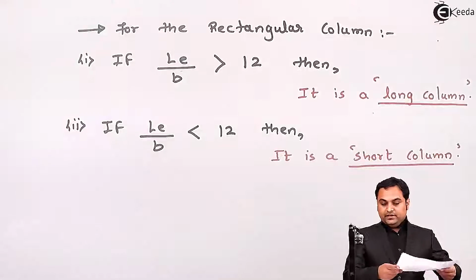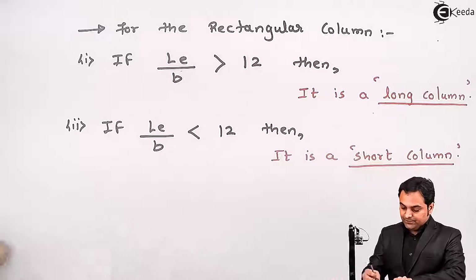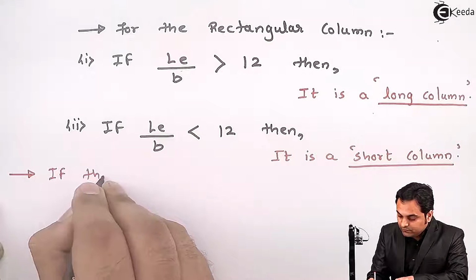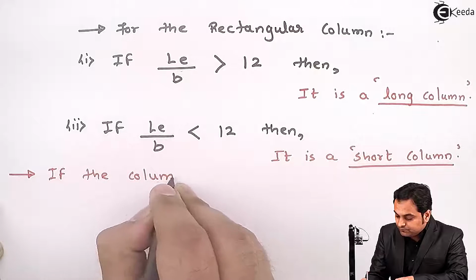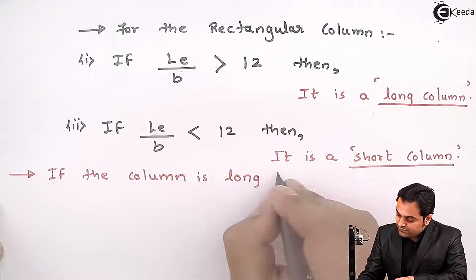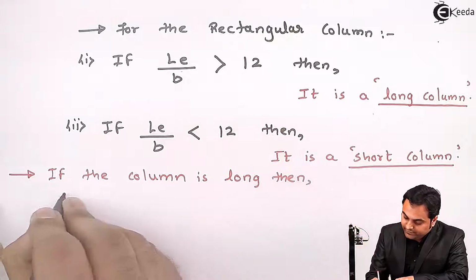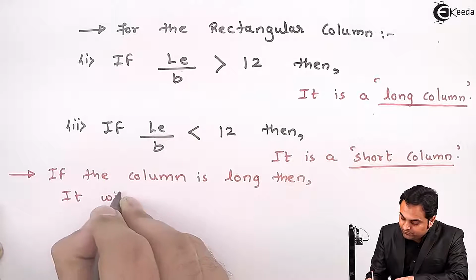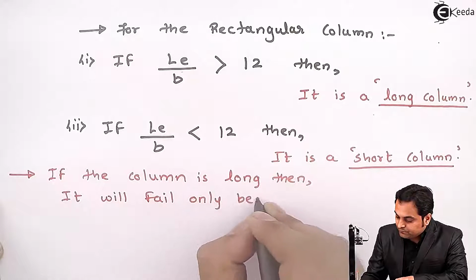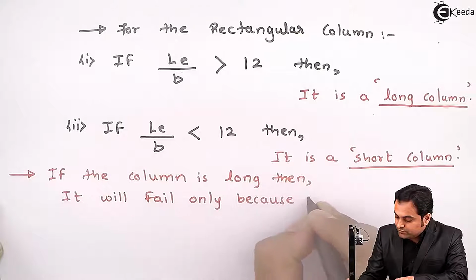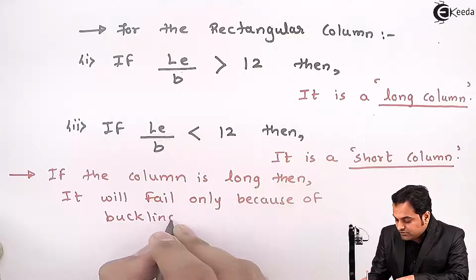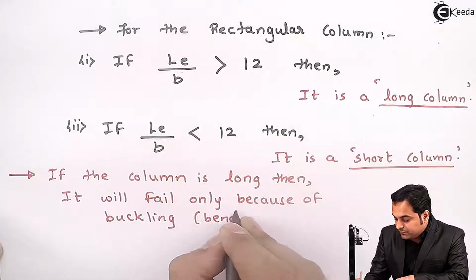Then if the column is long, then it will fail only because of buckling, which is the other word for bending.